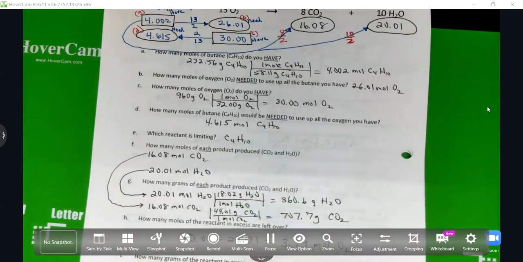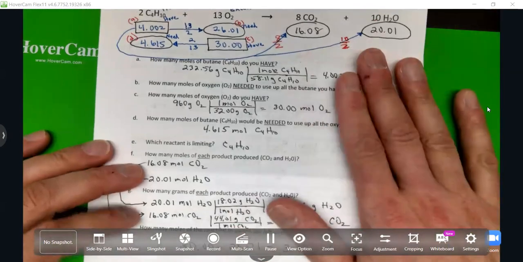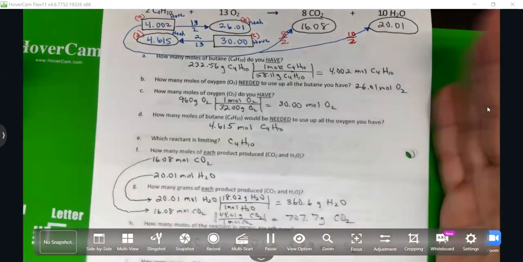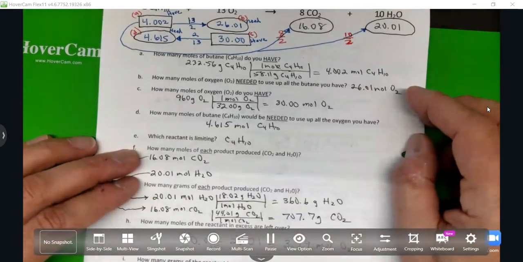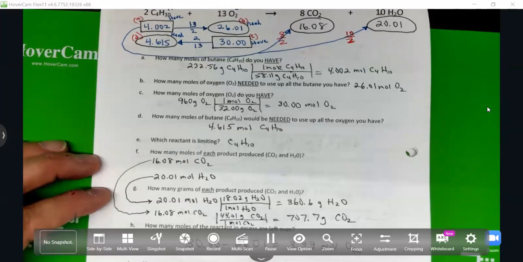Okay, so let's look at this, and then we'll see what you got for quiz questions. But this is the back side of the limiting problem, where we're burning butane. This should all work out here.